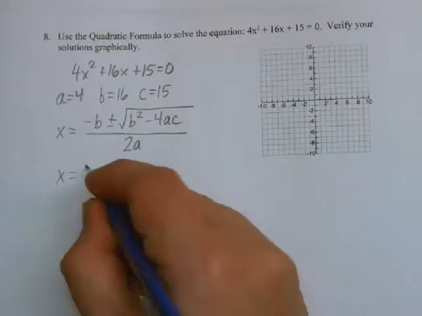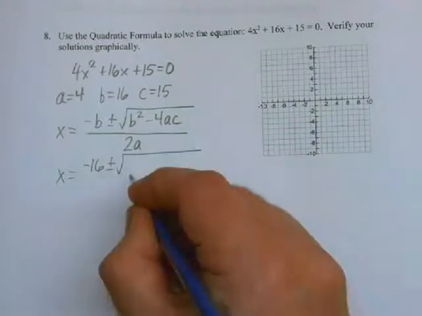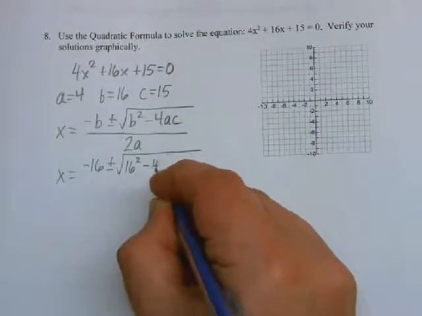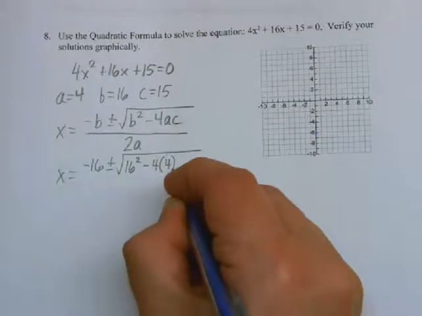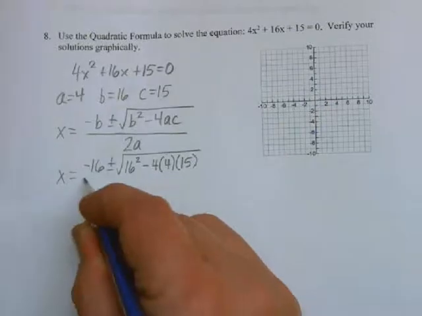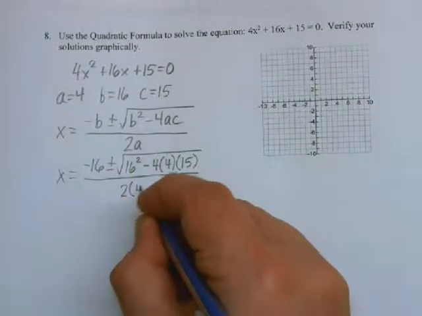So we get negative 16 plus or minus radical 16 squared minus 4 times a times c, all divided by 2 times 4.